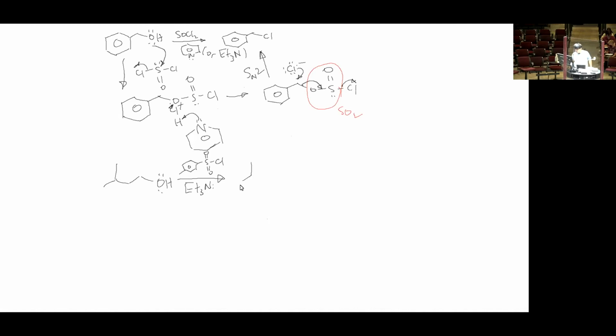And here I would expect to get the corresponding tosylate, looking a little something like this. And there would be inorganic side products also. You would get, in this case, triethylammonium chloride, Et3NH plus Cl minus. We need the base to mop up that HCl for us. So that's what I would expect we would get.